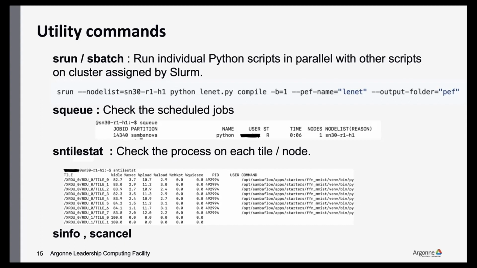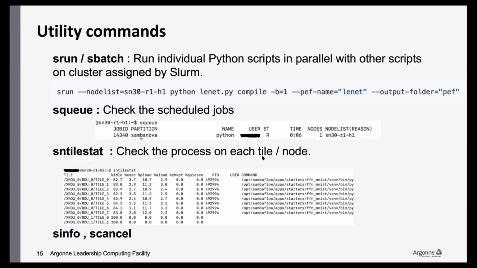Another important command is sntask, which lets you check the process on each tile or node, and how many nodes, tiles or RDUs your application is actually using.